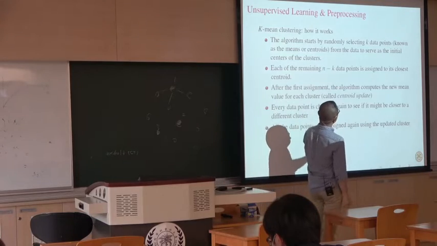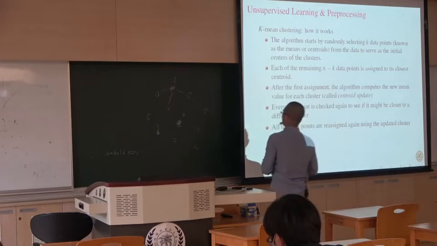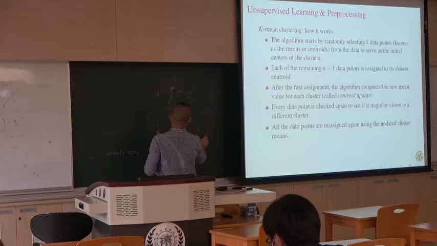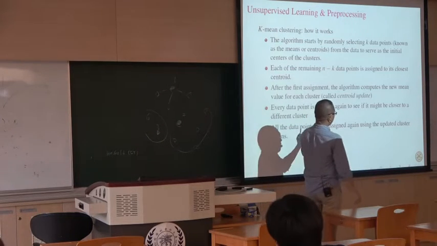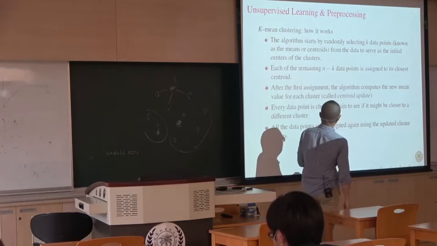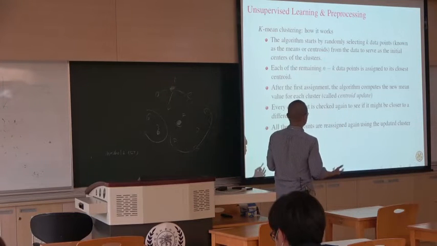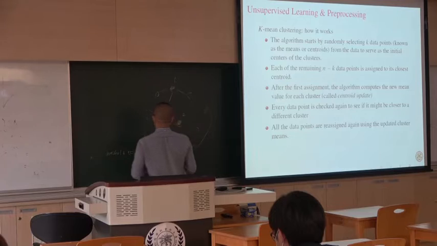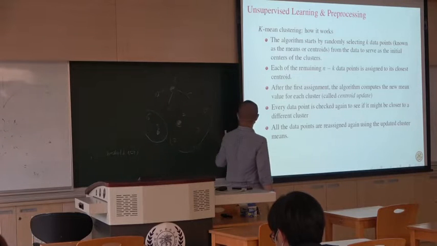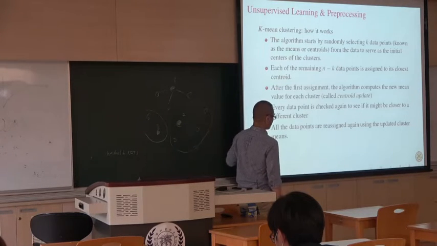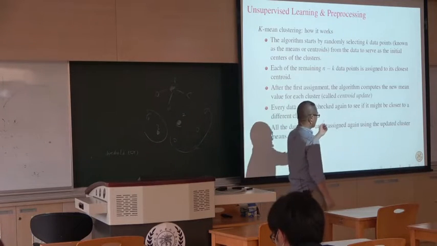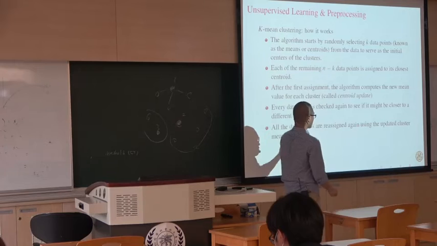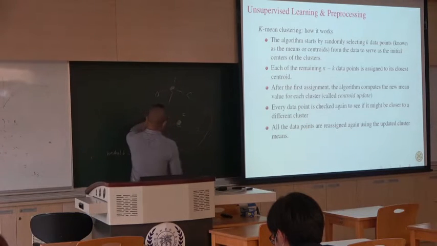So after the first assignment, the algorithm will then compute again the new mean value for each cluster. For example, the algorithm will check the sum of squared Euclidean distance of each data point to see whether some of the data points may actually be closer to a different cluster, for example, like this one.